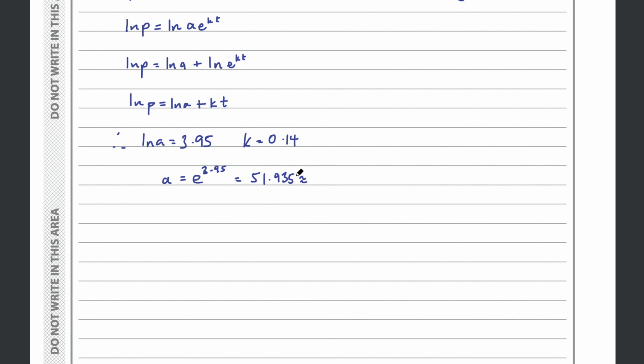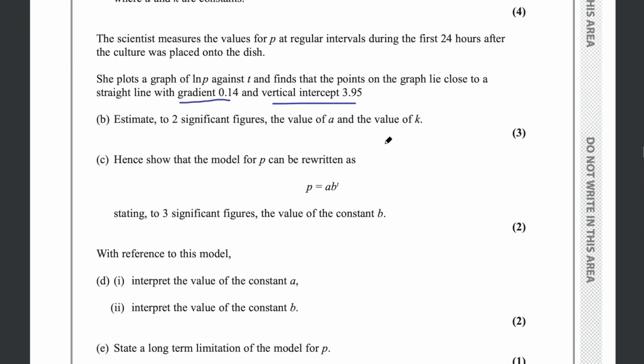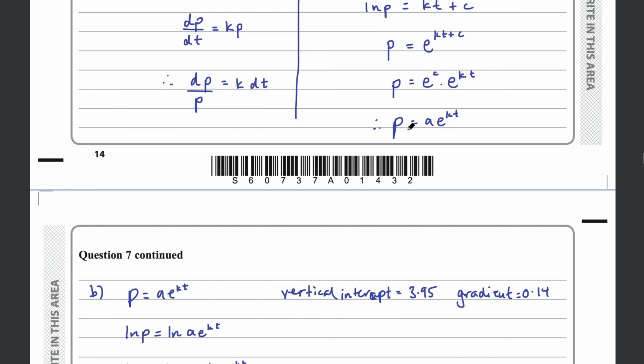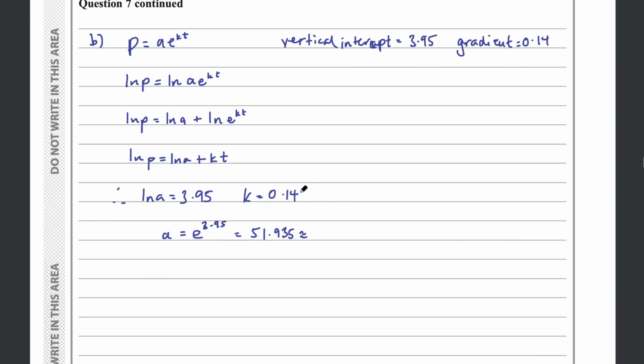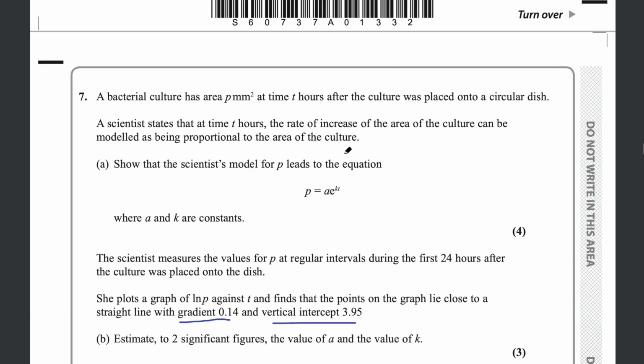And it said find to two significant figures the value of a and k. So k is already two significant figures. This one rounded to two significant figures would be 52. Okay, so there we've found k and a for part B.